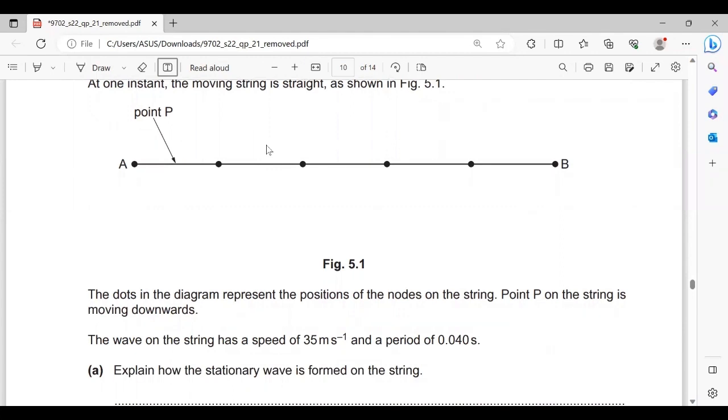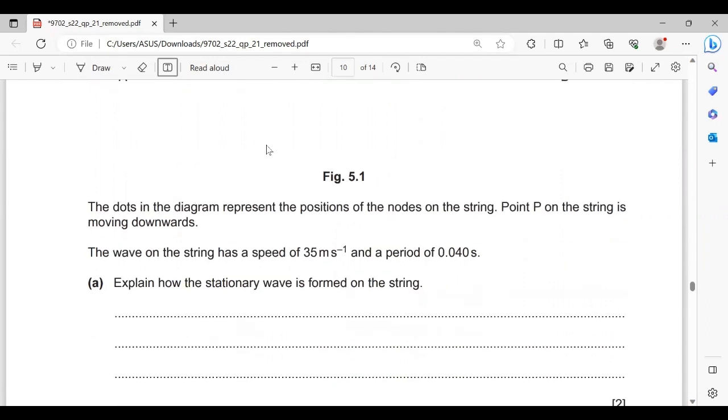Explain how the stationary wave is formed on the string. Okay, I'm going to answer here.